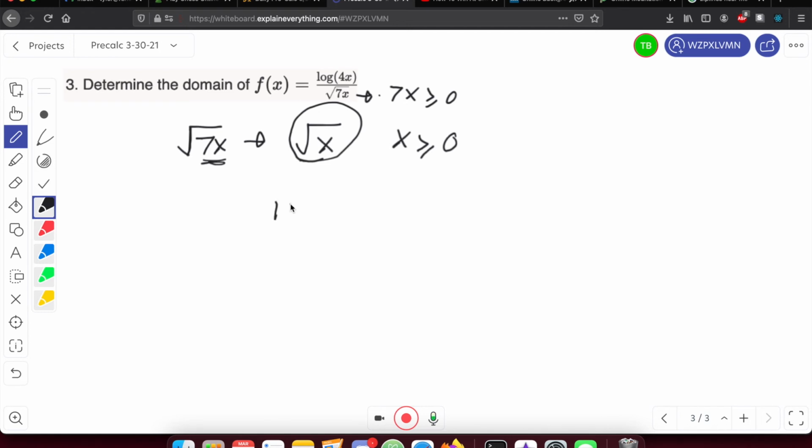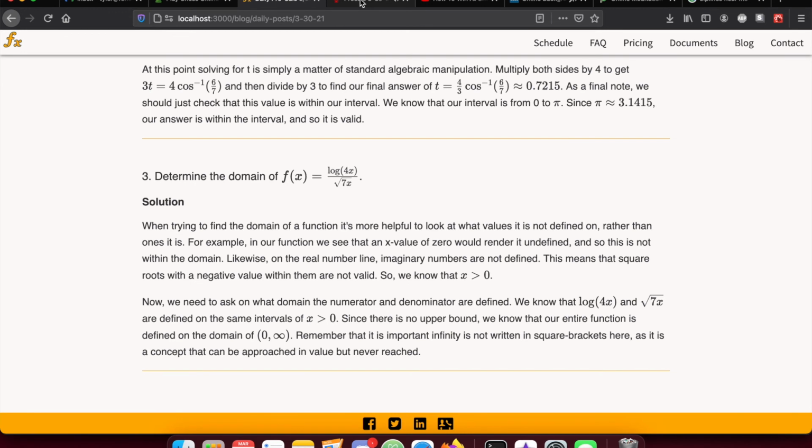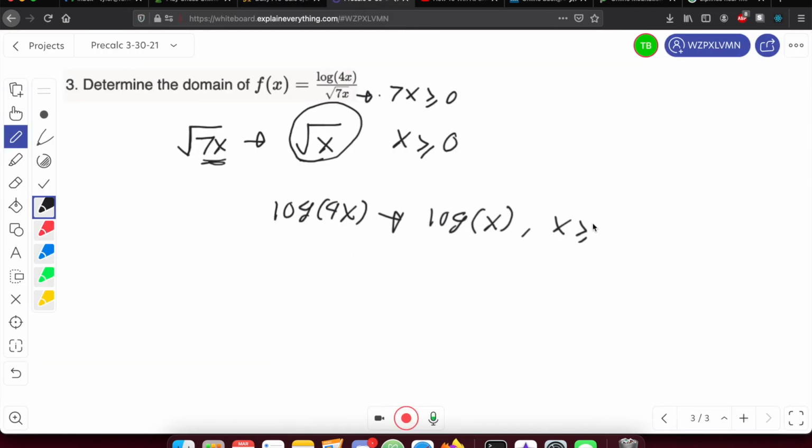For log of 4x, well, we can also just ask what are the values for which log of x is defined? Well, log of x is defined when x is greater than or equal to, I believe it's actually 1, right? No, it can't be 0. It has to be greater than 0, right? It can't be 0, but it can be greater than that.